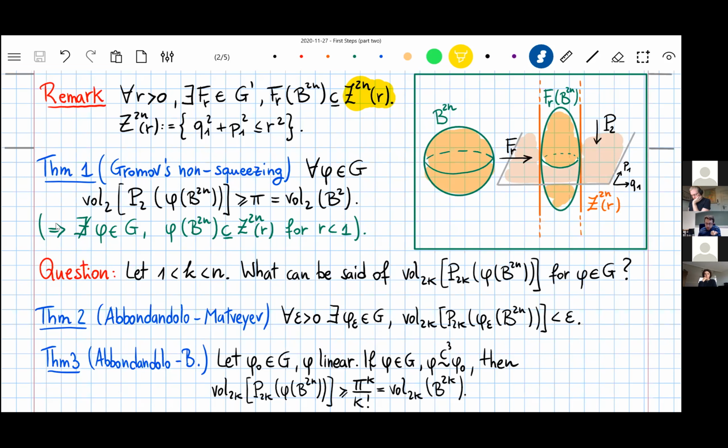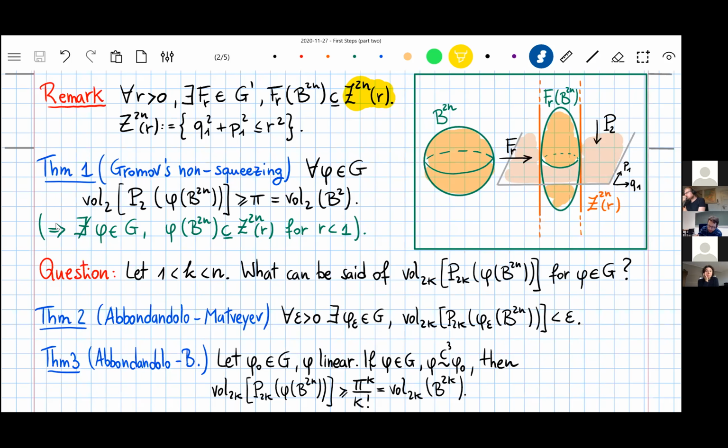And now the question is whether you can do the same thing using symplectomorphisms. The answer is no, and it's given by the famous Gromov's non-squeezing theorem, which can be reformulated in a quantitative way as follows.